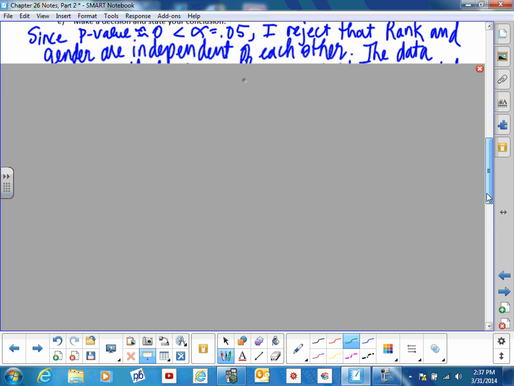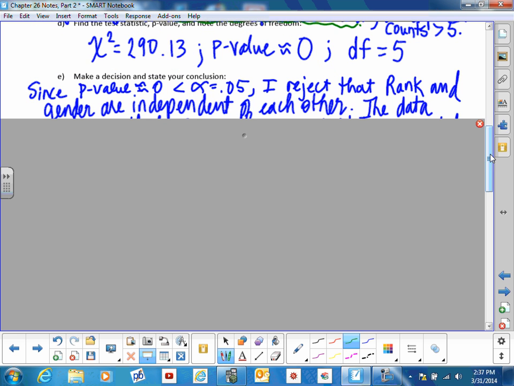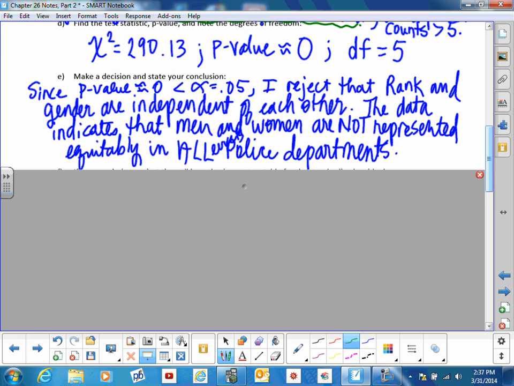So here I pretty much spit that back out. The data indicates that men and women are not represented equitably in all levels of the police department. That answers their specific question.